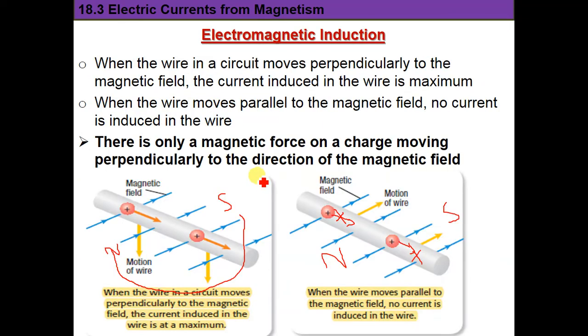I hope that it's clear. So when the wire moves perpendicularly to the magnetic field, the current induced in the wire is maximum. But when the wire moves parallel with the field lines, no current, because there is no change in these field lines.